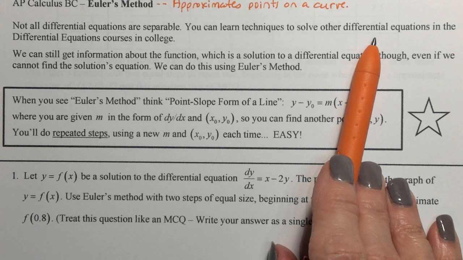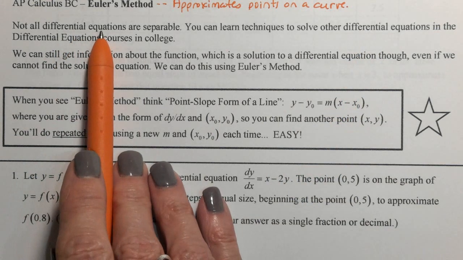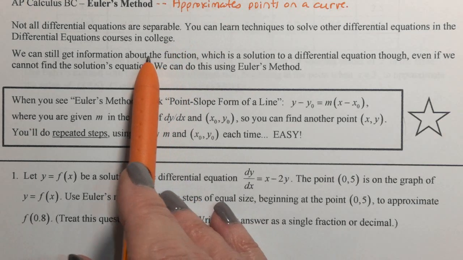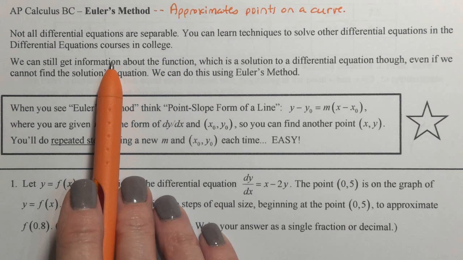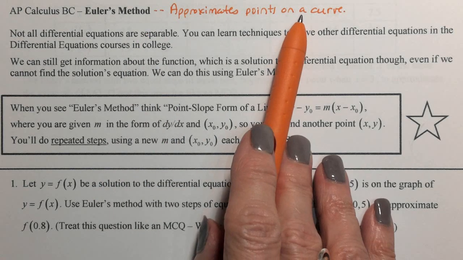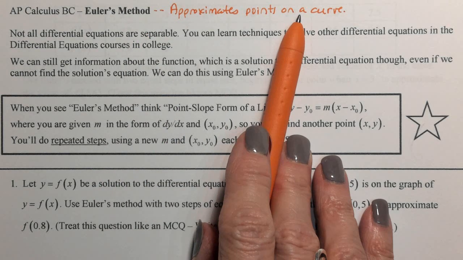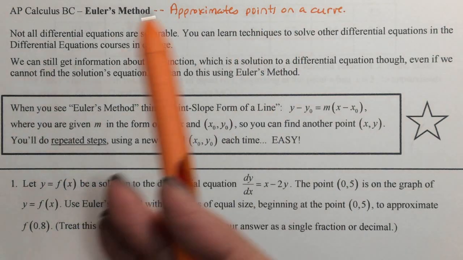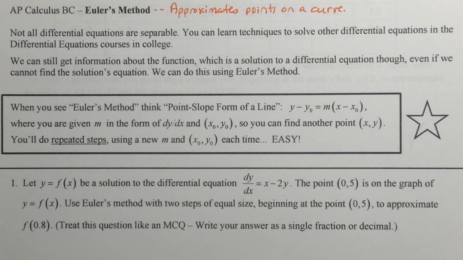But even so, there are still going to be some types of differential equations that we just cannot solve. So if we cannot solve them in any way, Euler's method becomes a very useful method for finding out what the curve looks like. As do slope fields. Slope fields also give us great information about what curves look like.